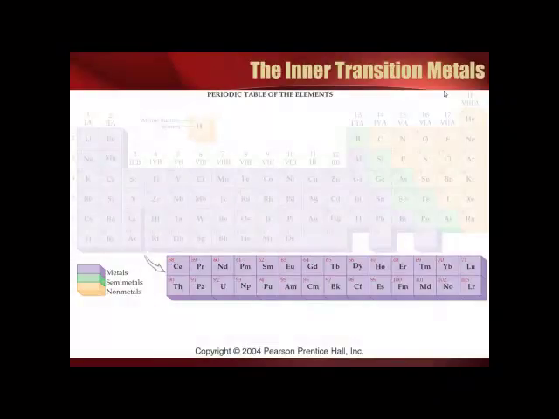Down at the bottom, these guys are called the inner transition metals. Because, remember I said these squeeze inside the transition metals. They actually squeeze in right there. Okay, so they get called inner transition metals because they are inside the transition metals.